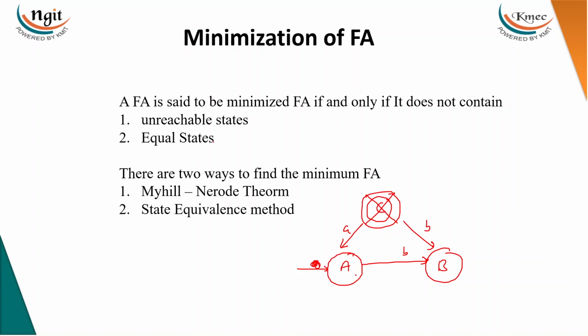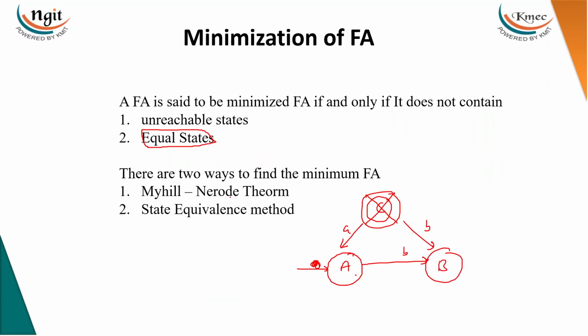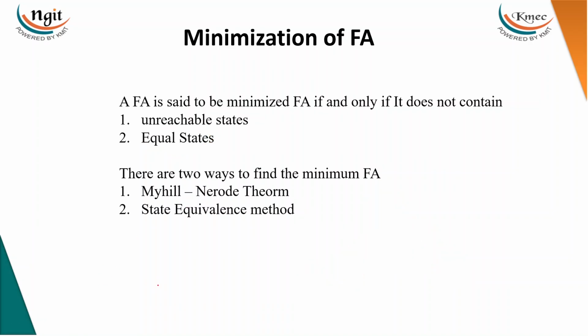And then you can go for the equal states. How to find the equal states, we'll discuss with the Myhill-Nerode theorem. But before going for that, let me explain this with a simple example.